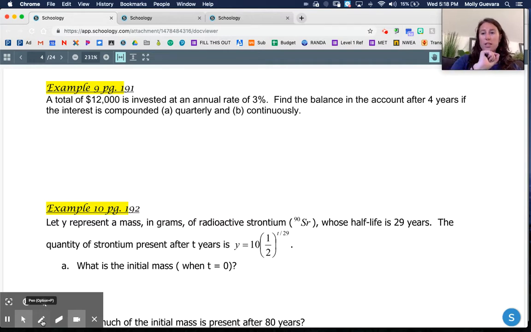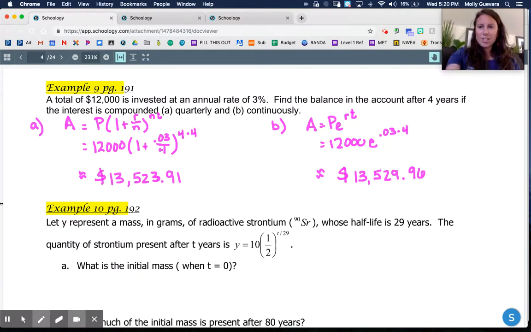Part A, if the interest is compounded quarterly, so n will be 4. And part B, where it's compounded continuously, and you would use that equation with e as the base. So just try it. If you mess up, no big deal, but give it a shot, and when you're ready, hit play and check your work.